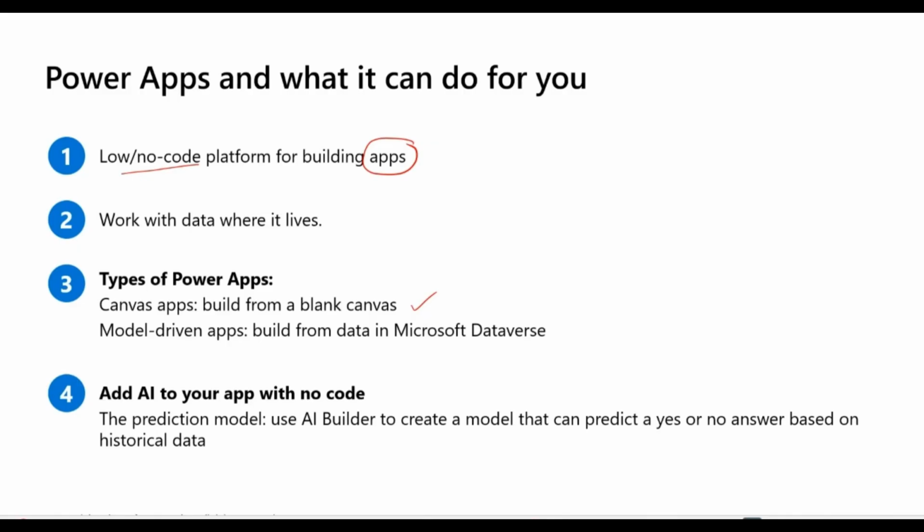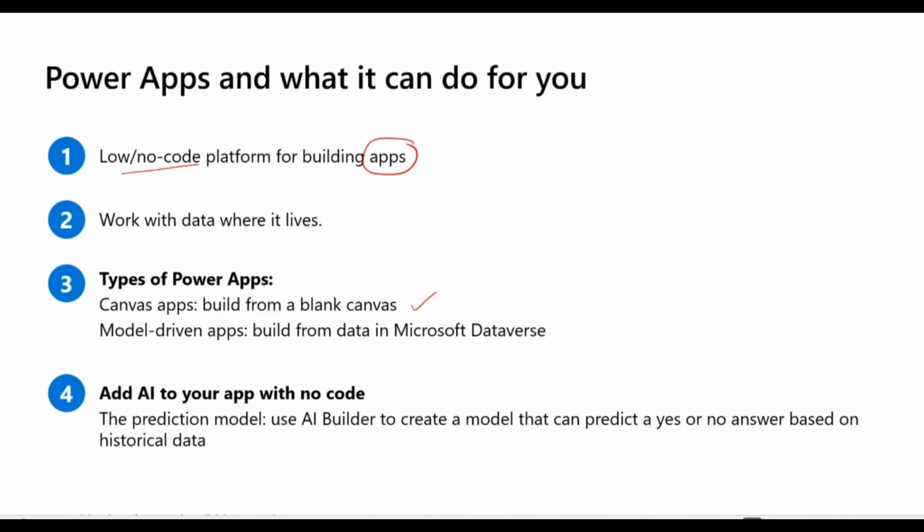Coming to the next one, we can add AI to the application with no code. We don't necessarily need coding experience to add AI to our application. We can use multiple models in our app. There are a lot of AI models already, some pre-built models which already exist, and there can be some models which you create on your own.